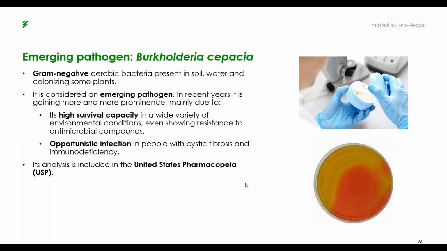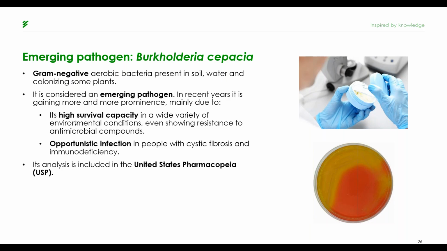Next, we will see an emerging pathogen that is not recollected in the ISO standards, but its increasing importance puts in perspective the need of analysis under the laboratory. Burkholderia cepacia is a gram-negative aerobic bacteria present in soil, water, and some plants, and it is considered an emerging pathogen in the recent years, mainly due to these factors.